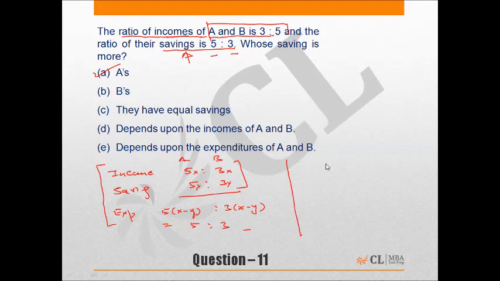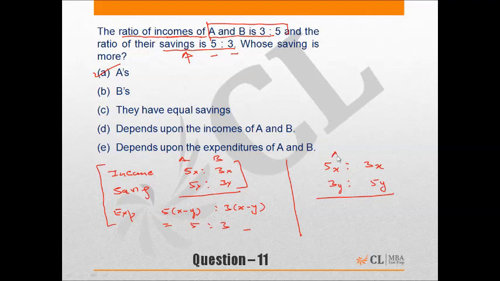Let me take another case now. Ratio of income is 5 is to 3. Ratio of saving is 3 is to 5. And ratio of expenditure, again let's do the same thing, 5x, 3y, 3x and 5y.